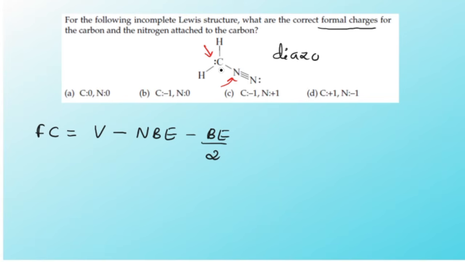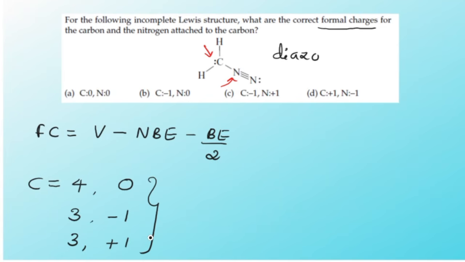The best way is to find out the valency of the atoms and the lone pairs on these atoms. What I mean is, whenever carbon is tetravalent, it will not have any lone pair on it, and the formal charge would be 0. If the valency is 3 and it has a lone pair of electrons, then the formal charge would be -1. If it is trivalent and has no lone pair, then the formal charge will be +1.